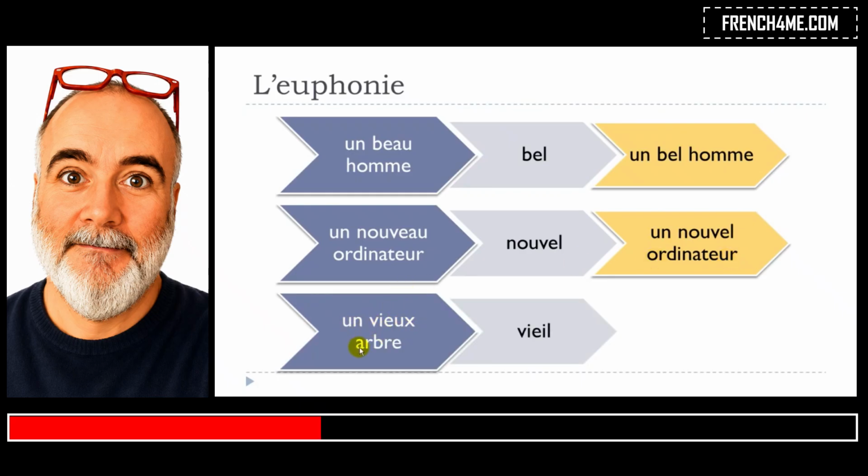Un vieux arbre. Of course you've got this X at the end, but you don't pronounce it. Vieux will have a second masculine form, and it's vieille. You get un vieil arbre. Alright, so un bel homme, un nouvel ordinateur, un vieil arbre.